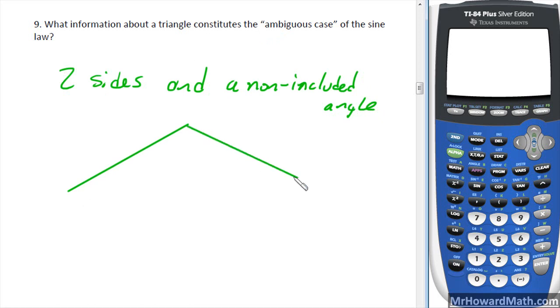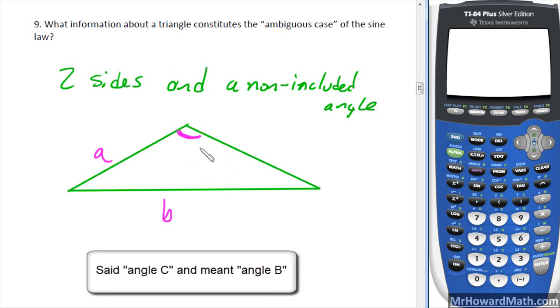So for example, if we have this triangle right here, if I was given this side A and this side B and angle C right here, so two sides and an angle that's not between them, the included angle for A and B is right there, this angle. So this would constitute the ambiguous case.